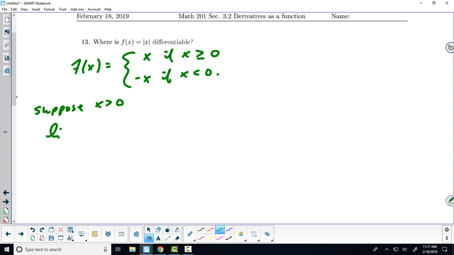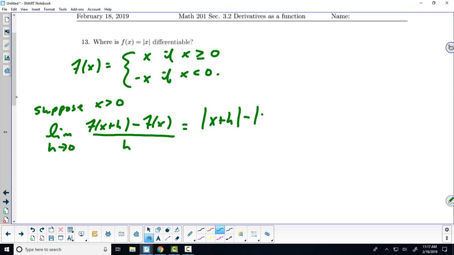Let's look at the limit as h approaches 0 of f of x plus h minus f of x all over h. Well, this is equal to the absolute value of x plus h minus the absolute value of x all over h, and I've dropped my limit. Sorry about that.